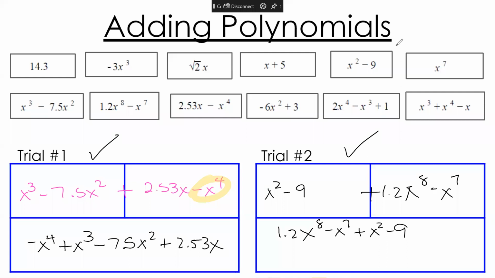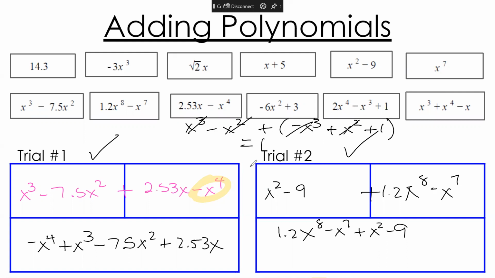So Blessing brought up a good point. What if we had something like this? We had X to the 3rd minus X squared, and we added it to negative X to the 3rd plus X squared plus 1. If we simplify this, what will we get? 1, right?